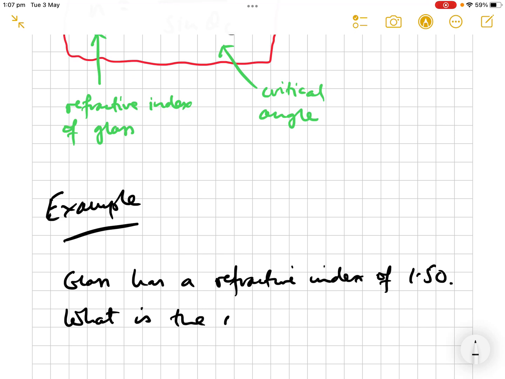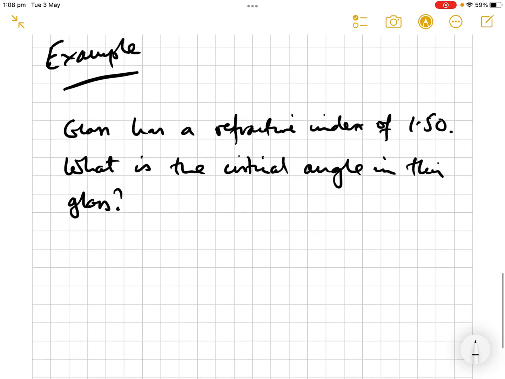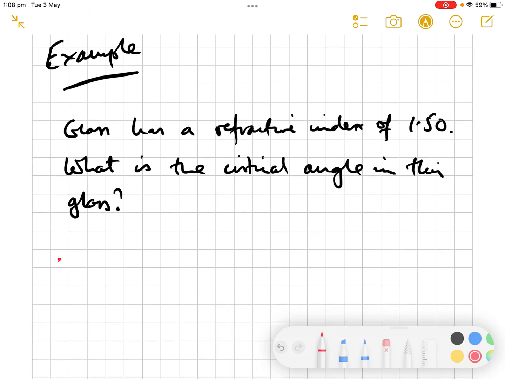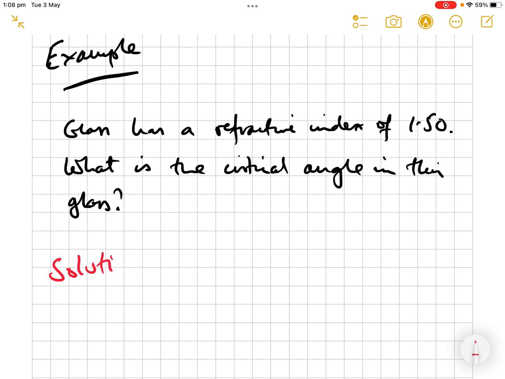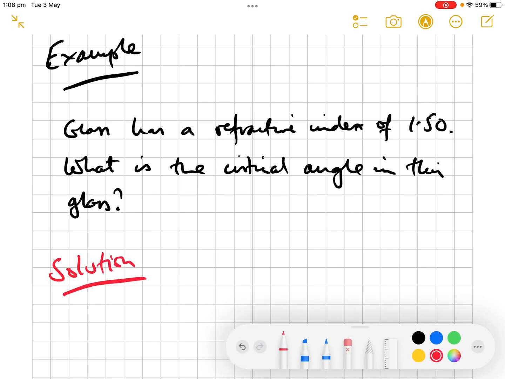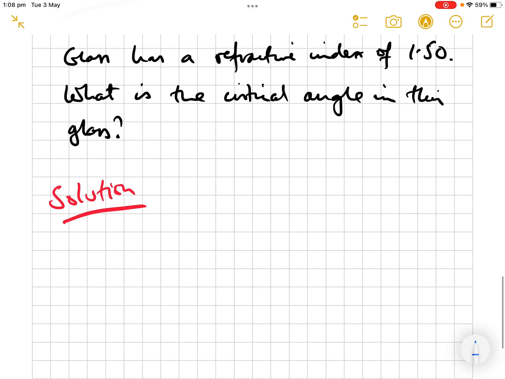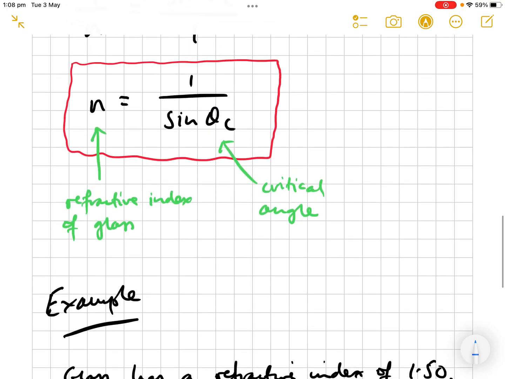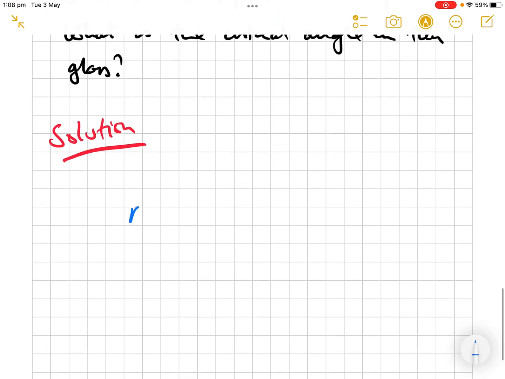What is the critical angle in this glass? So, the solution. Well, there's our equation. n is 1 over sine theta critical.